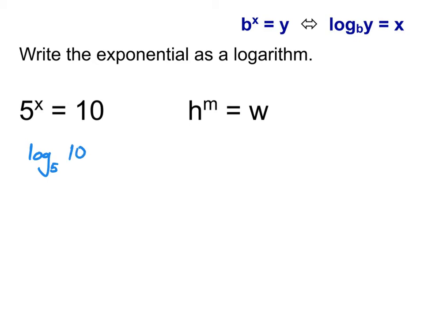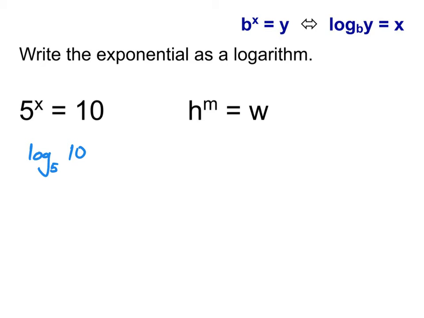Now remember, I can write it as just log base 5 of 10, or I can do log base 5 of 10 with parentheses around the 10. Either one works. They are equivalent. Later, when we get really complicated, we'll have to put the parentheses in some of them. But if it's only the one argument inside, we can omit the parentheses.